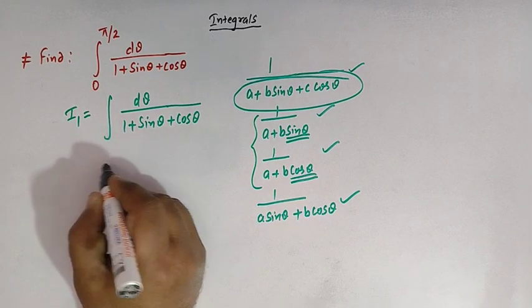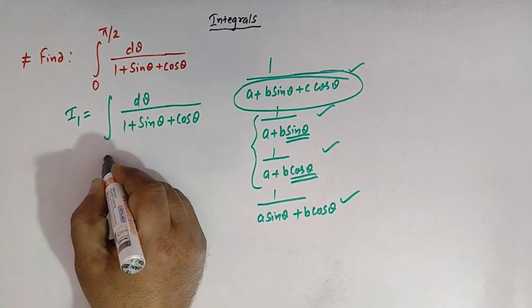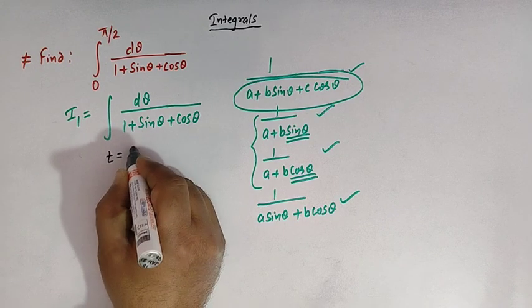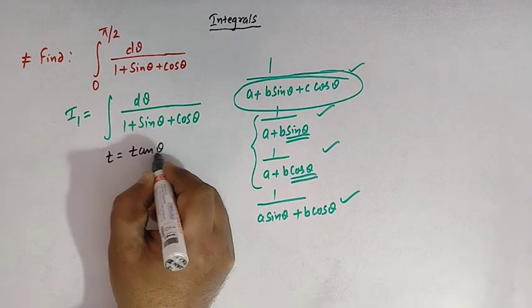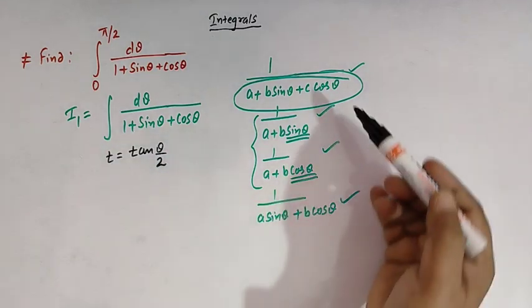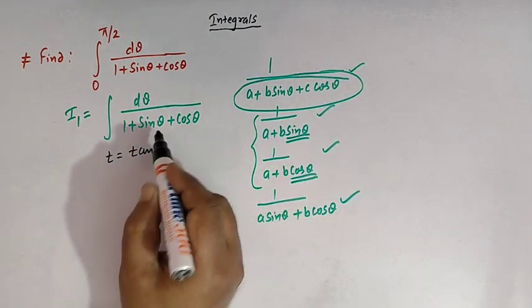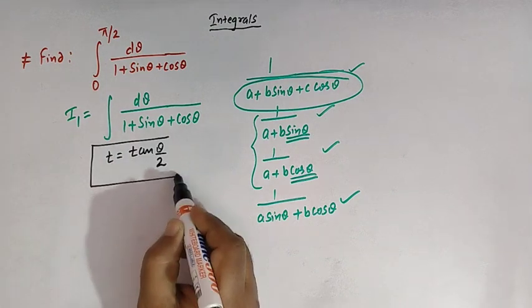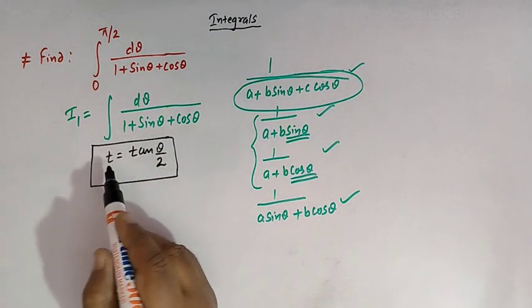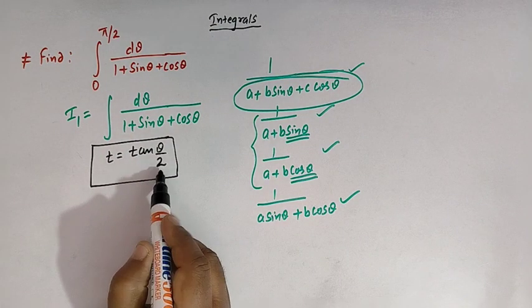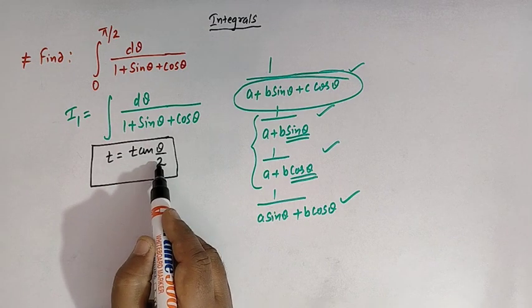So here I will substitute t is equal to tan theta over 2, right? So in all these forms we can utilize this substitution, that is t is equal to tan theta over 2. This is the half angle, right?